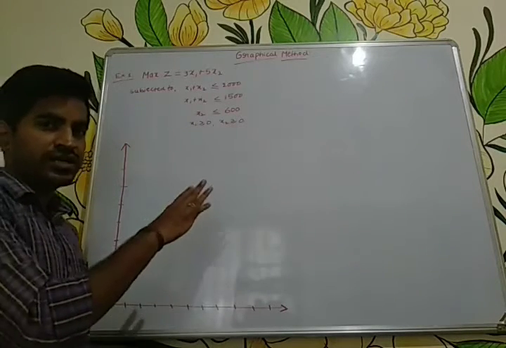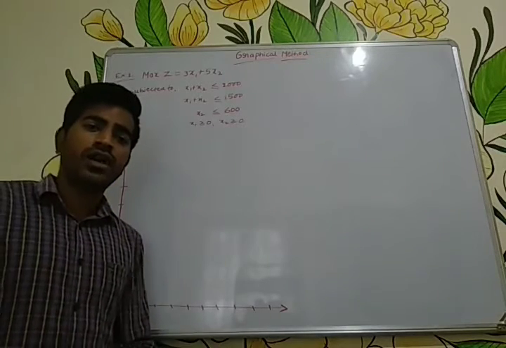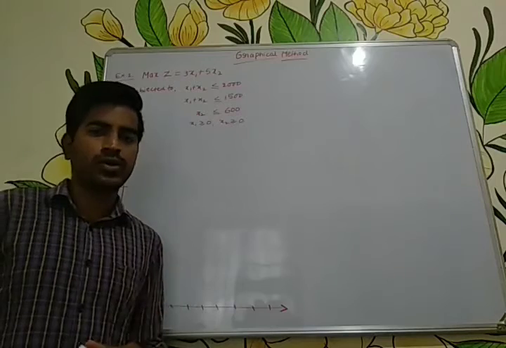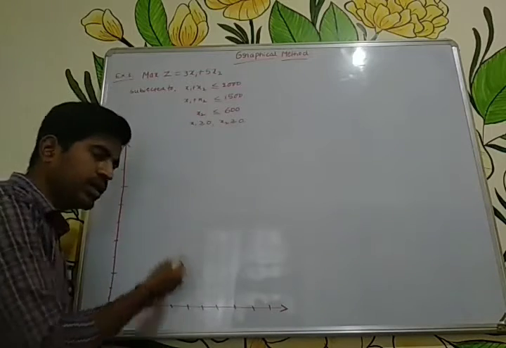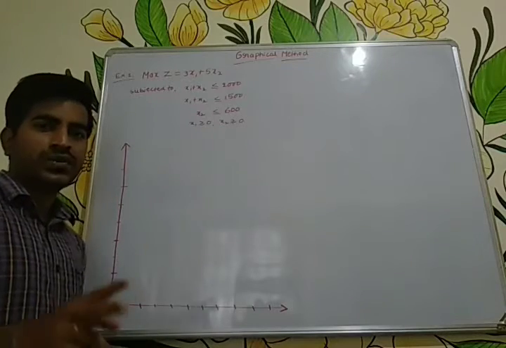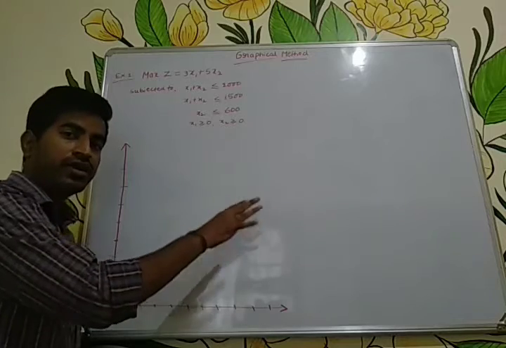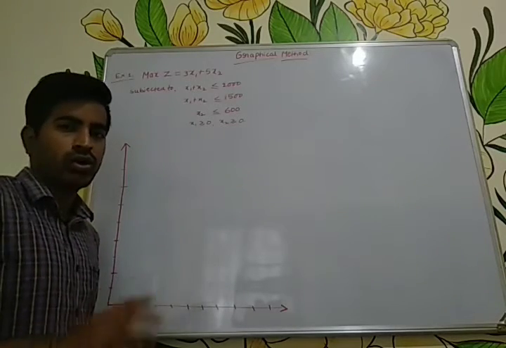The graphical solution is applicable whenever the decision variables are only two, because we have only two coordinate axes, that is x and y. So the graphical method is applicable when the decision variables are only two.